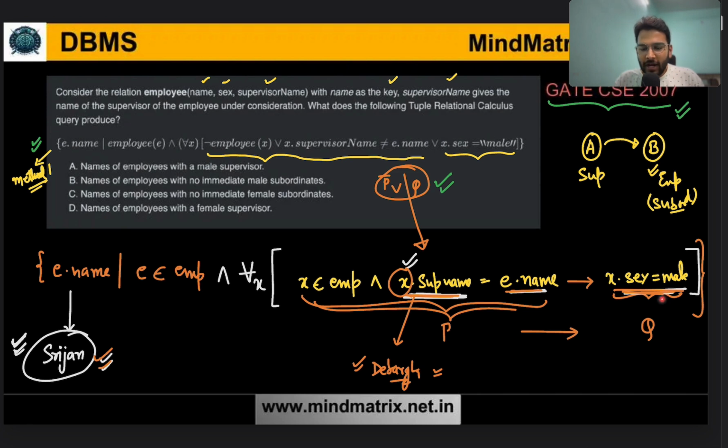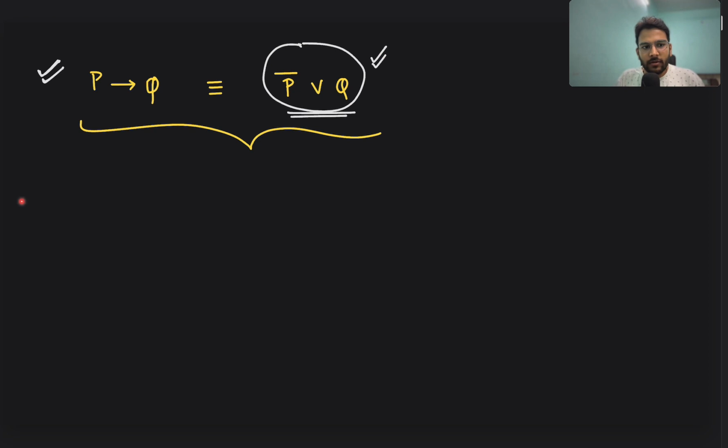Clear? So can I say that this employee will only have male subordinates? Can I say this also? Yes or no? Whatever output I'm getting here, I can say that this employee will only have the male subordinates. So the first thing we can find out here is the employee name, or E dot name, that we are getting.